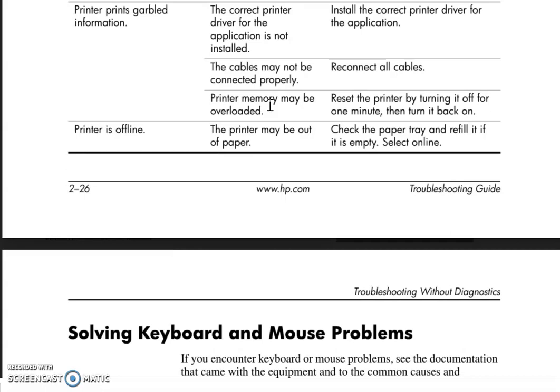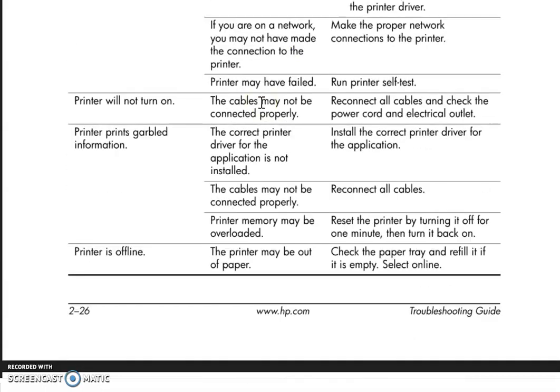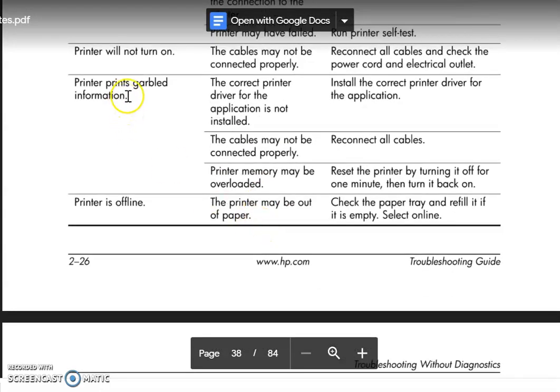The queue concept you have learned in data structures. So every document will be stored in that queue one after another. If that memory is overloaded, with so many documents pending, it will burden the printer, and that may be one of the causes.